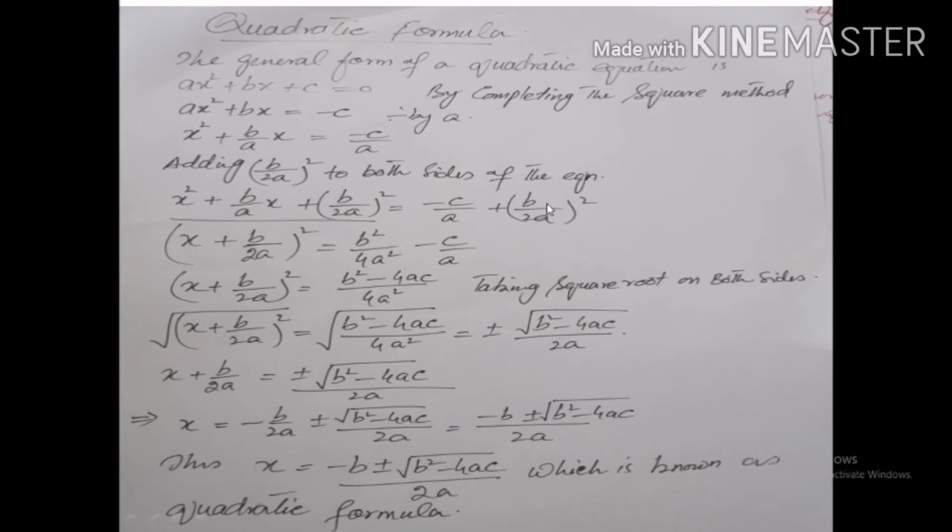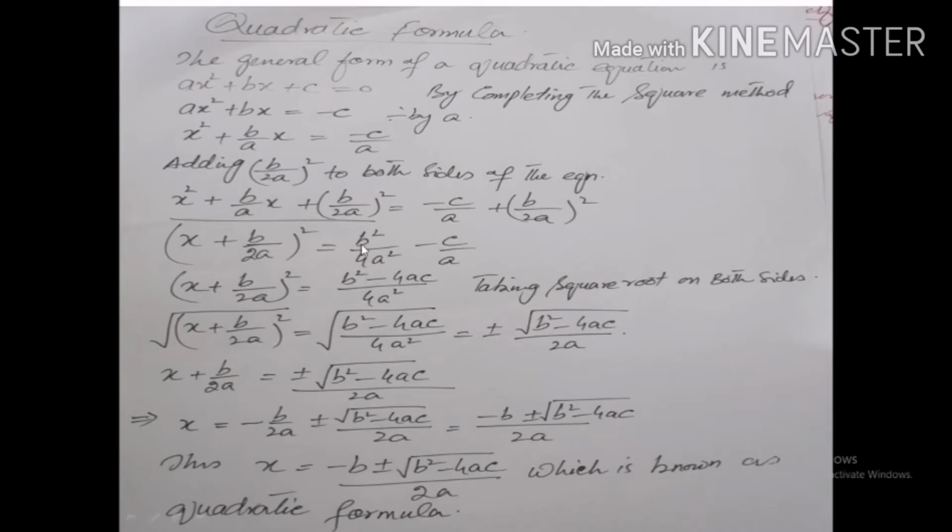First we write the positive term b²/4a² − c/a. So again (x + b/2a)² = on the right side, taking the LCM 4a², 4a² divided by 4a² we get 1.